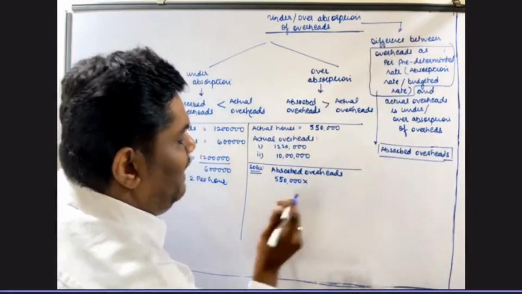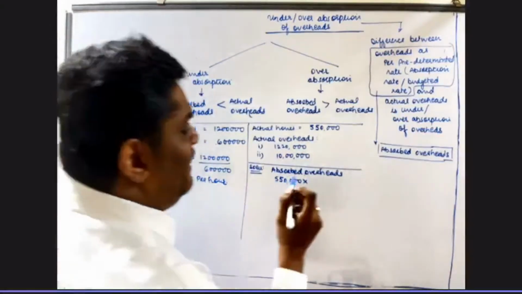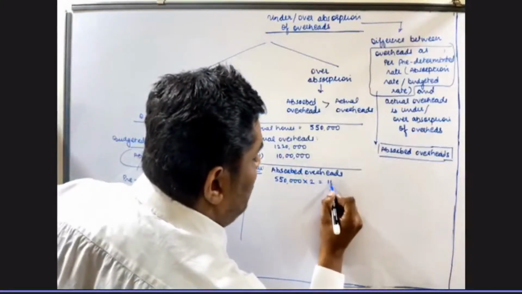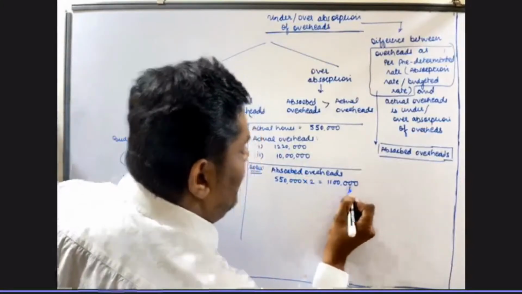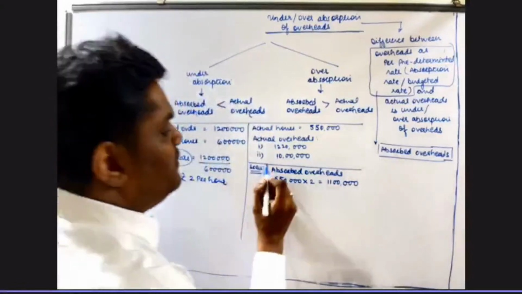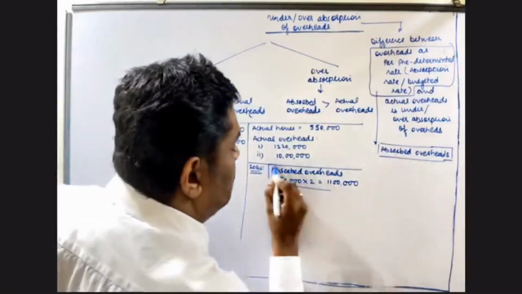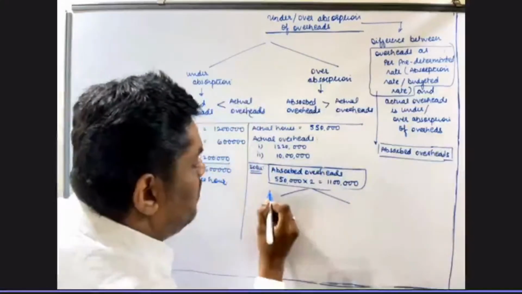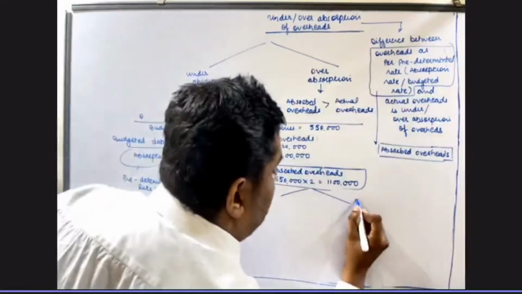And if the overheads are incurred at the rate rupees 2 per hour, that is at the budgeted rate, then my absorbed overheads will be how much? 11 lakh. So these are my absorbed overheads. Now let's take these two situations, first and second.